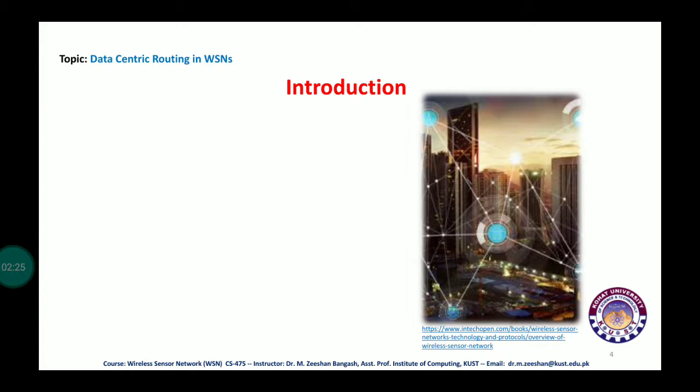WSNs basically refer to a group of spatially dispersed sensors that are used for recording or monitoring phenomena in the environment. They are also responsible for organizing the collected data at a central location. We call it a sink.